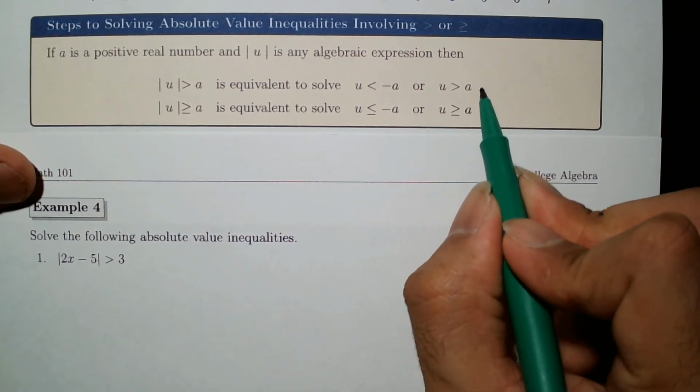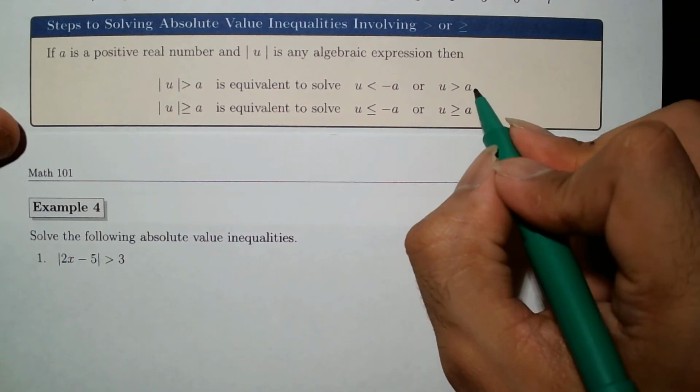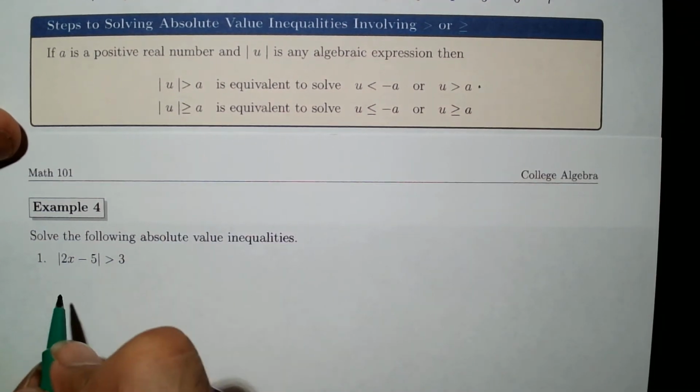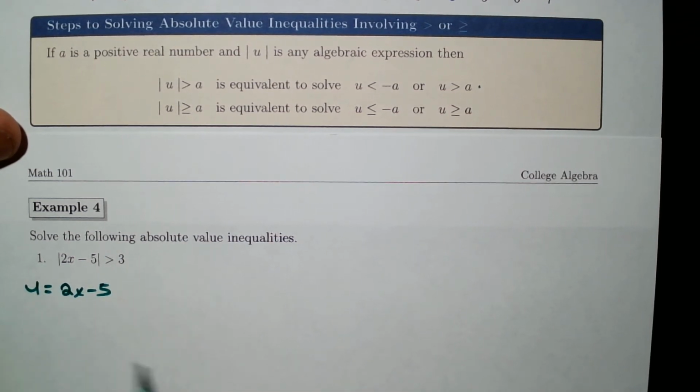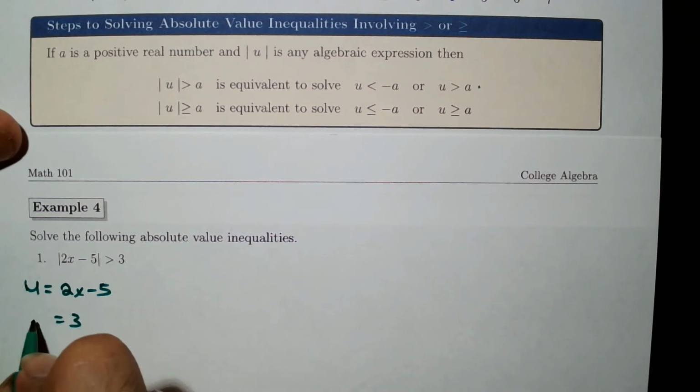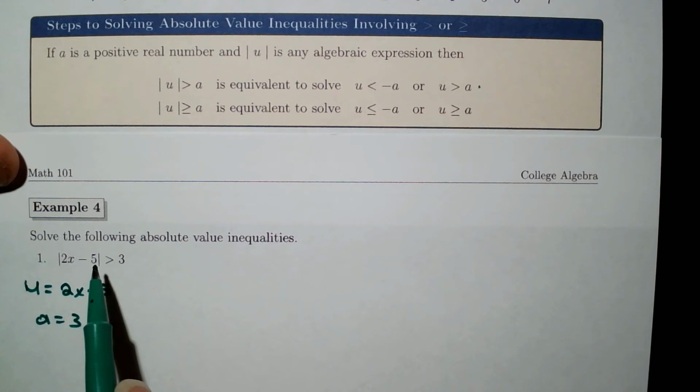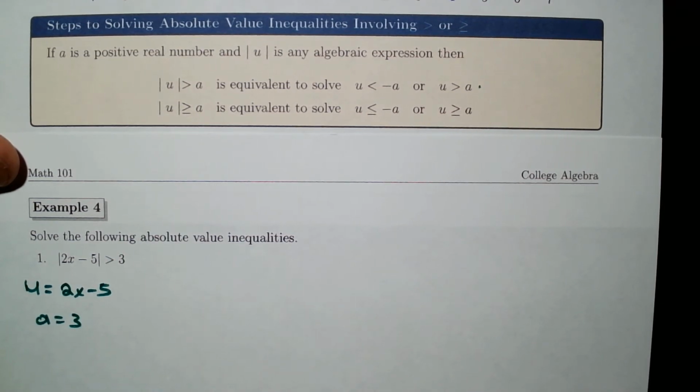If we observe the two cases, it's going to be the first one. So 2x minus 5 plays the role of u, and the number 3 plays the role of a. Alright, so in this case, when we have an inequality like this, what are we going to get?